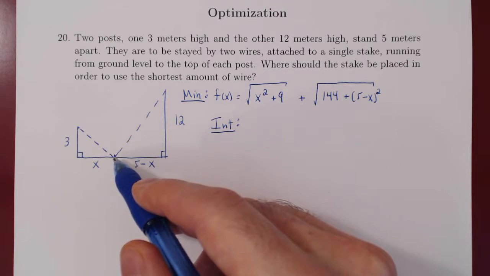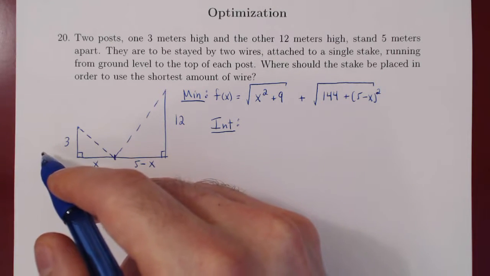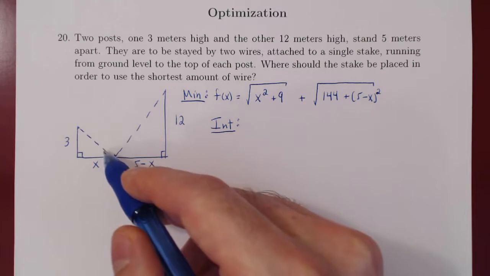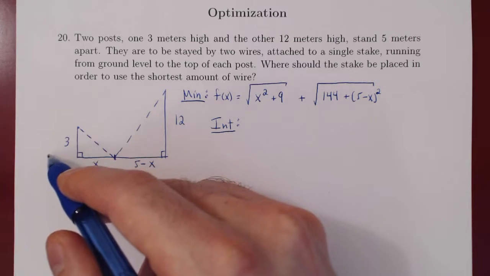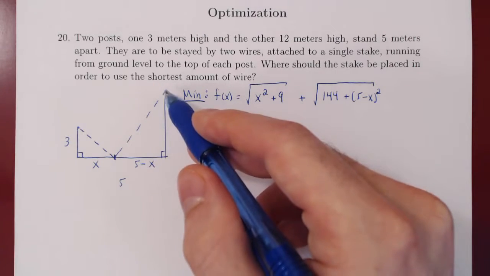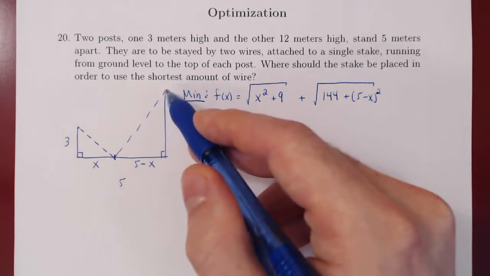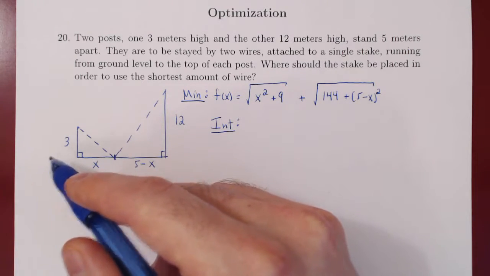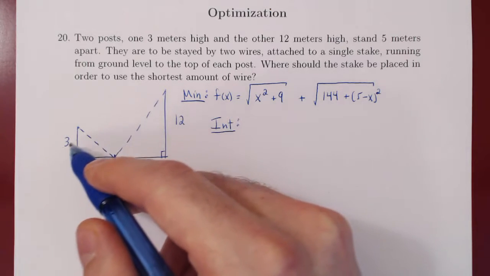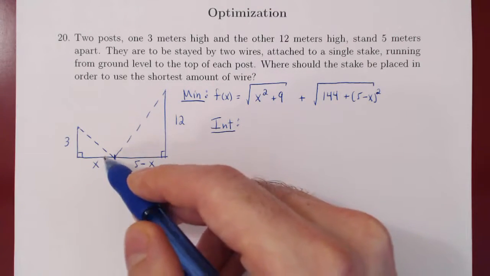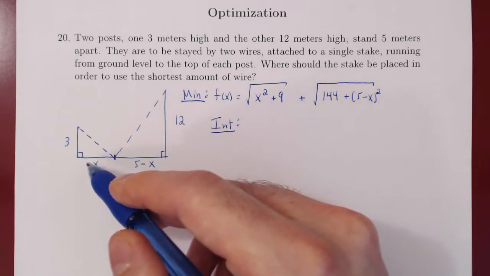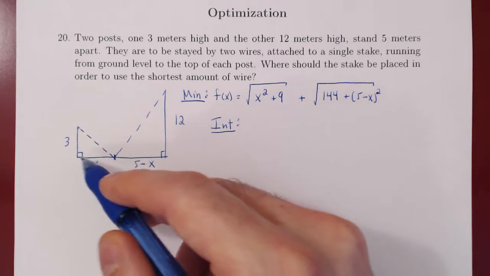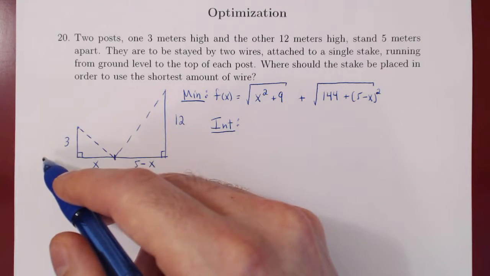If you take this value and you have it negative, it's a reflection. You get the exact same triangle. So the length of the first piece of the wire is the same. And then obviously, the length of the second wire will be much longer because you'll go from this wire to this one. So clearly, we will not obtain the shortest amount of wire possible if we allow x to be negative.